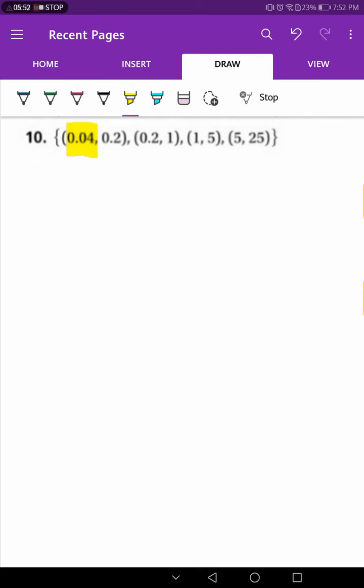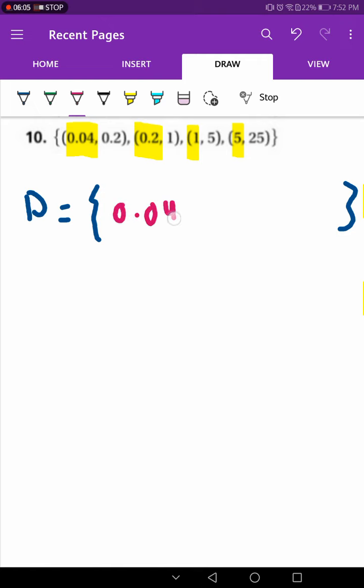elements, one, yes, I highlighted in yellow color. Okay, I write domain equal to braces here: 0.04, 0.2, 1 and 5.